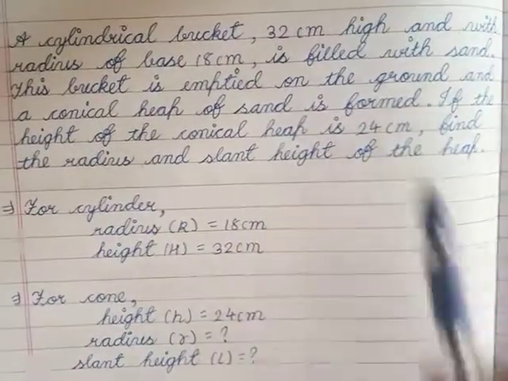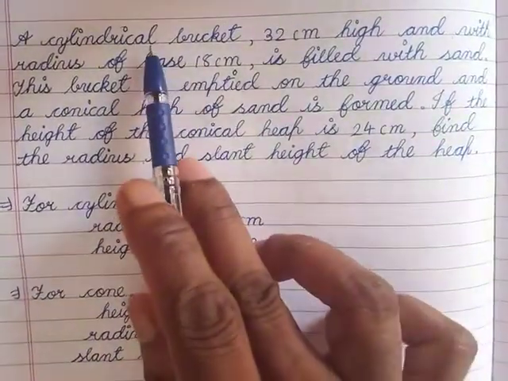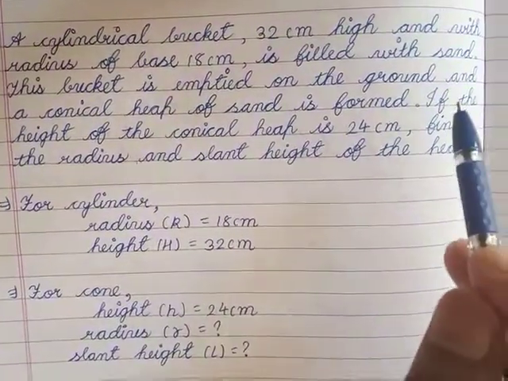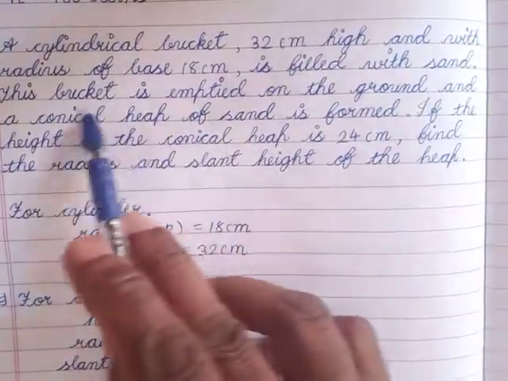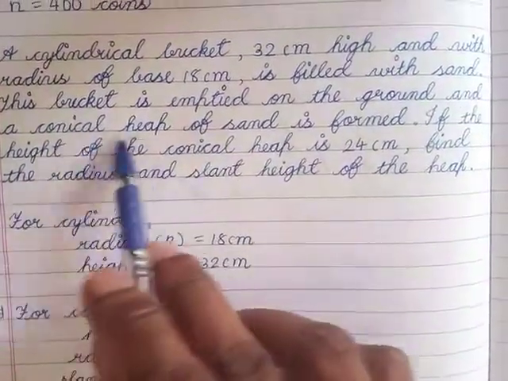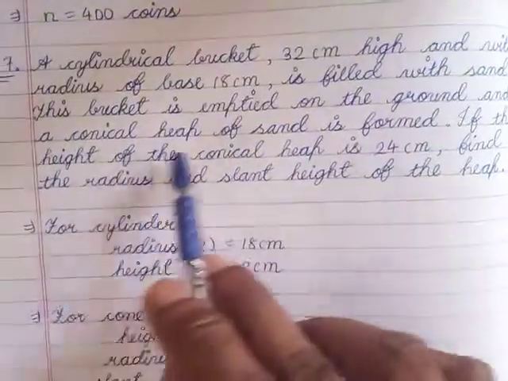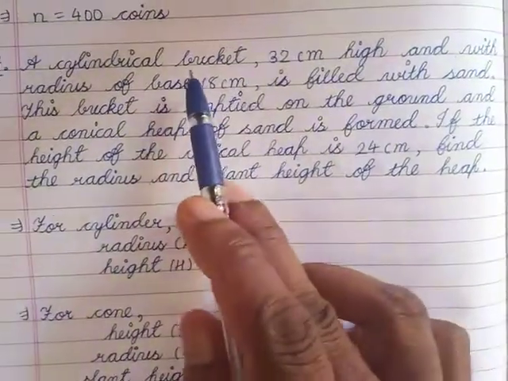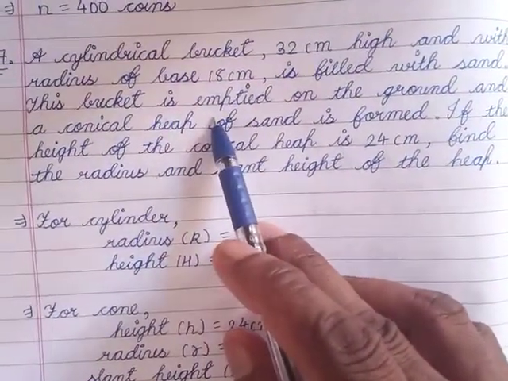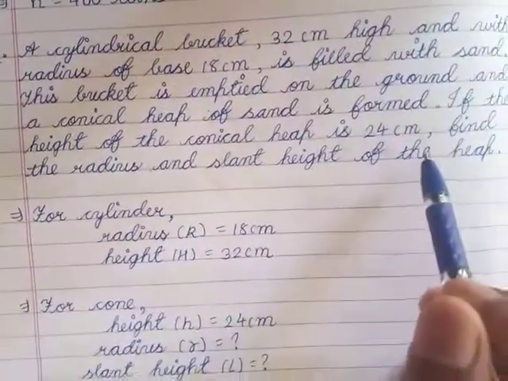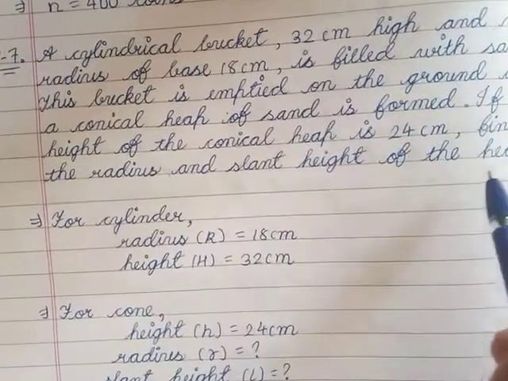So what shape is to be made? Conical shape. So volume of cylinder is equal to volume of cone. From there we'll get R, and after getting R you have to find the slant height.